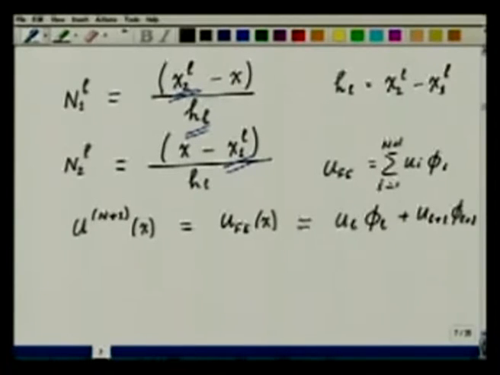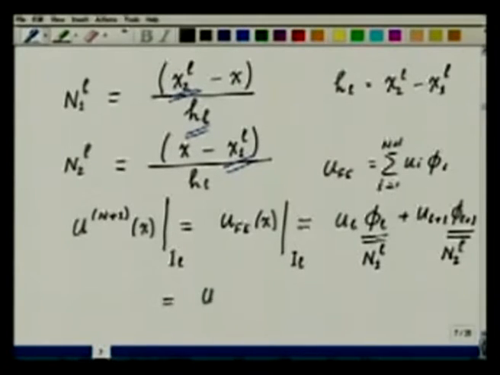Now we know that this phi L in the element is equal to N1 of L, and phi L plus 1 in the element is equal to N2 of L. So this U_FE in the element IL is equal to UL into N1 of L plus UL plus 1 into N2 of L.